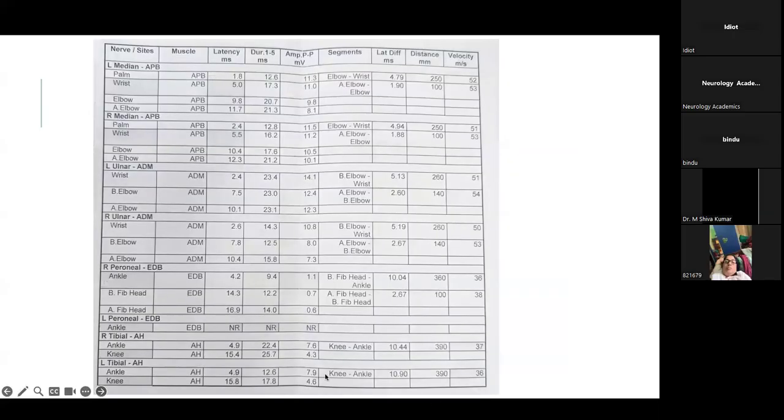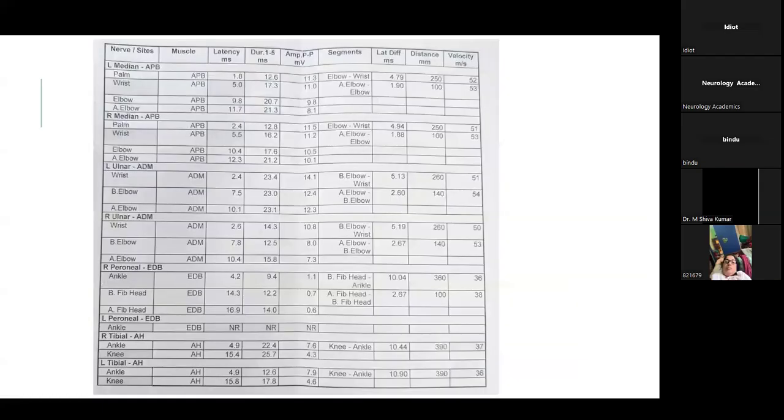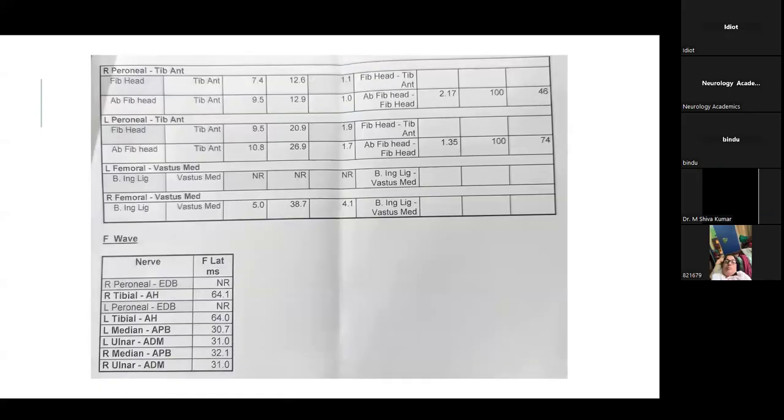Then F waves: the bilateral tibial F waves show reduced conduction velocity, so tibial is also involved. Distal involvement is symmetric.